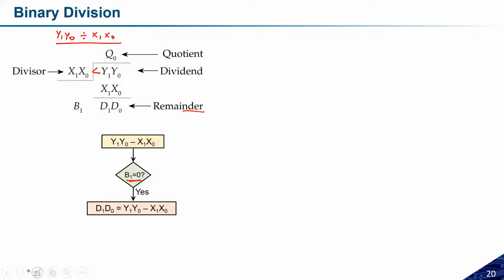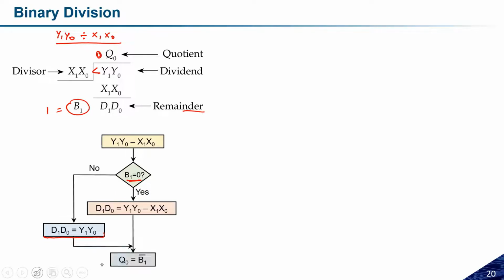But in the opposite case, if b1 is not equal to 0, or by default it becomes 1, then y1 y0 becomes d1 d0, because we are not going to subtract it. It is not divisible, so I need to keep 0. In that case this q0 will become the b1 complement.